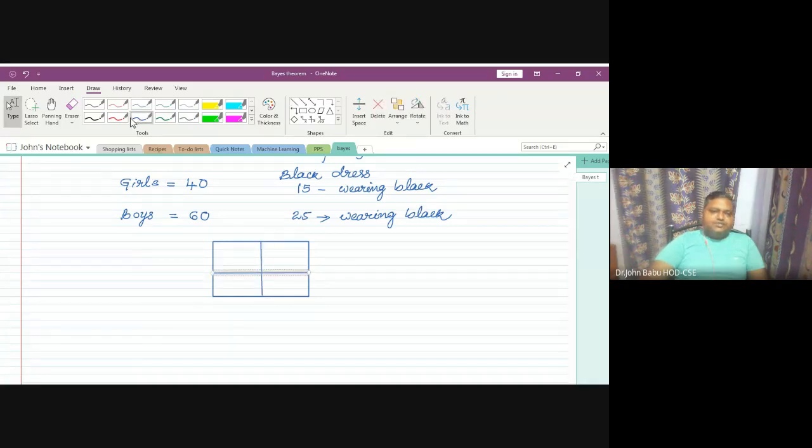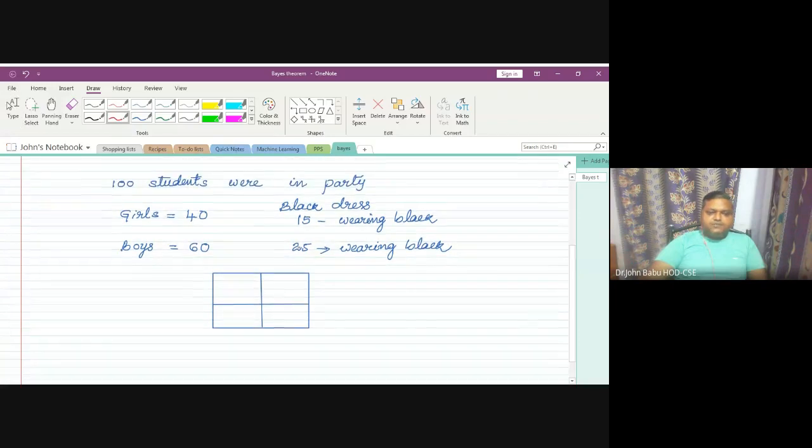So my explanation here is: girls and boys, wearing black, not wearing black. Generally the not symbol is given like this, otherwise you can write not black.